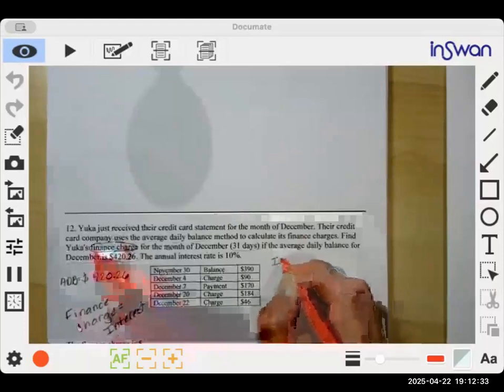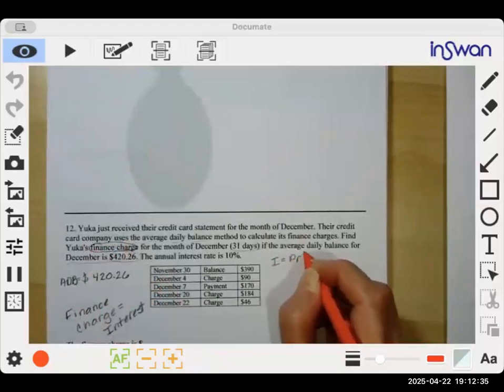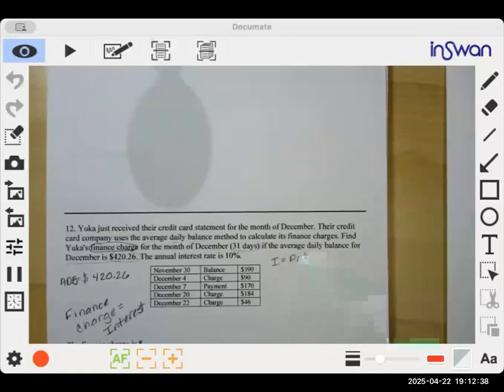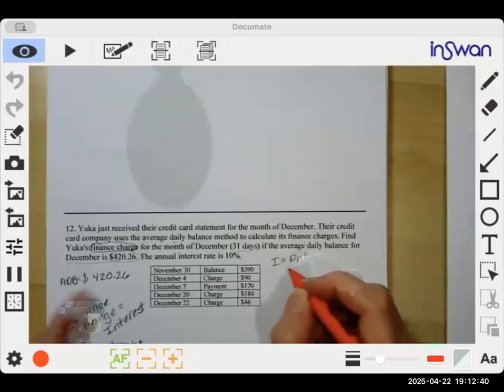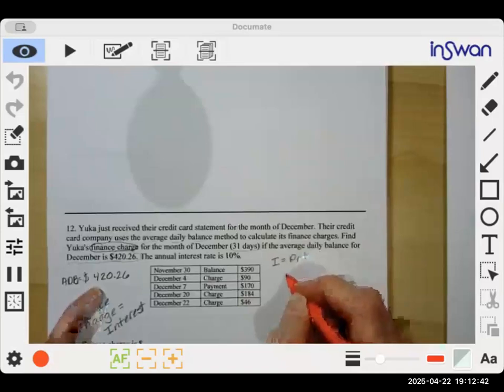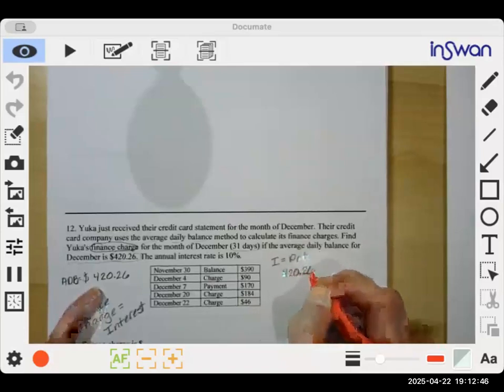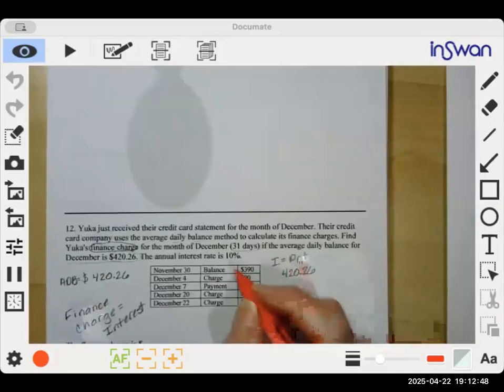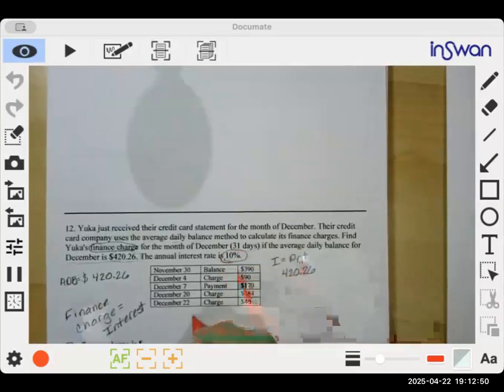So we're going to use I equals PRT, where our principal is the average daily balance times our rate, which is 10%, which as a decimal, we'd move it over 2 times. So that would be 0.10.